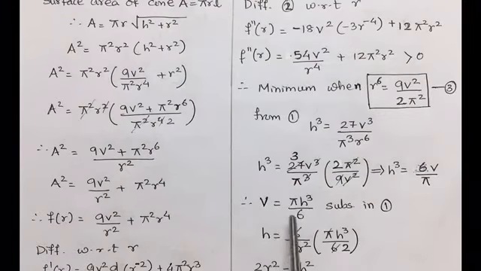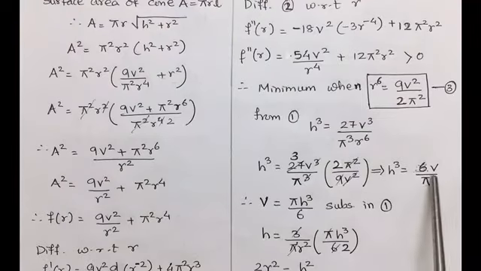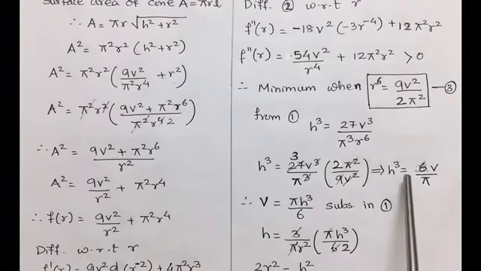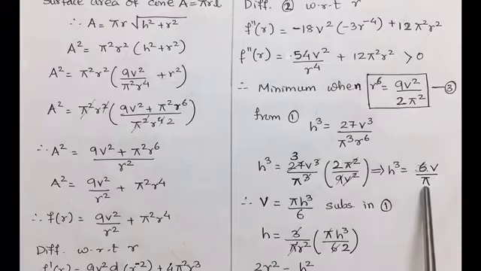So v equal to pi h cube by 6. That is, we have made v the subject from this statement, so it becomes v equal to pi h cube by 6.